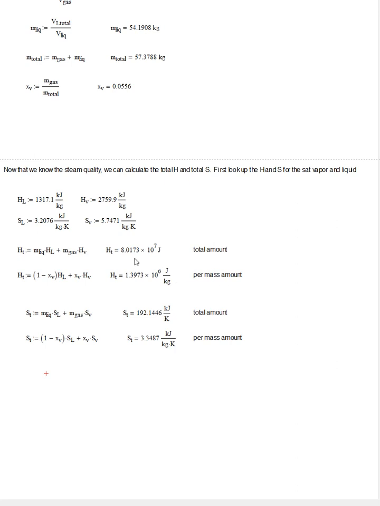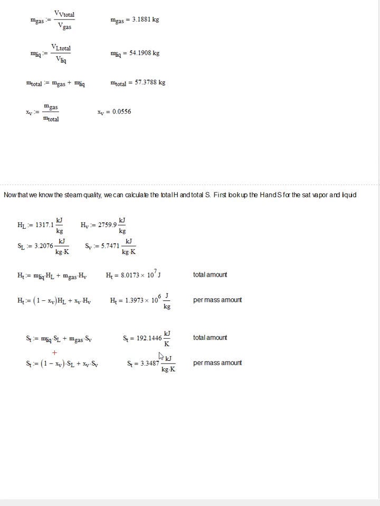And if I were grading this, I would accept either one of these answers. Those are fine. And then we do the same thing for the entropy. Have the total mass of the liquid times S liquid plus total mass of the gas times S for the gas, and we get 192 kilojoules per Kelvin. We do it in mole fraction, we get it on a per mass basis.